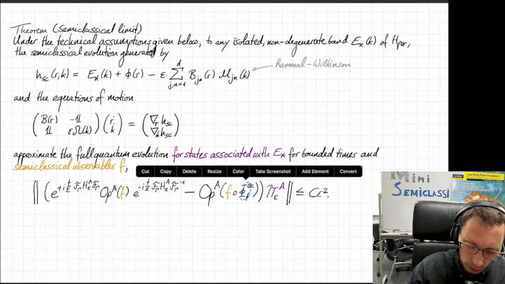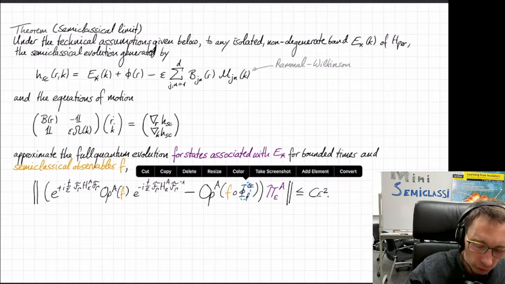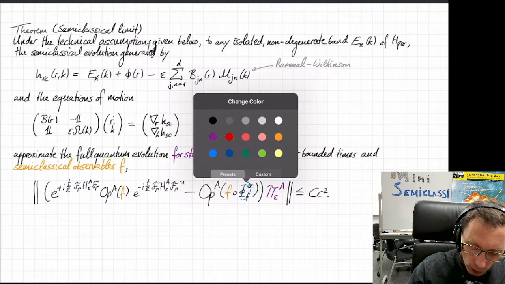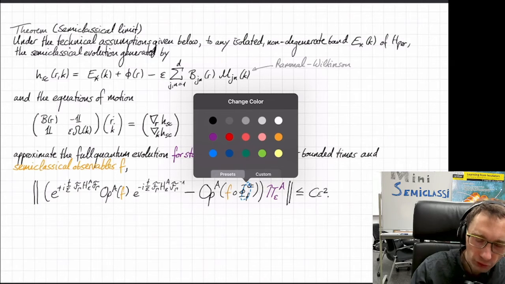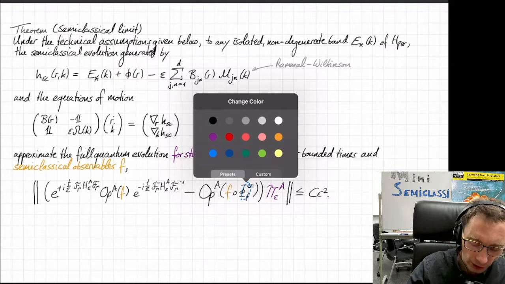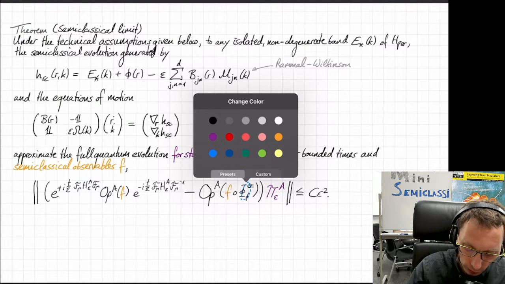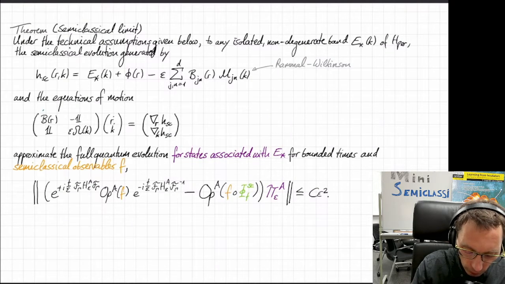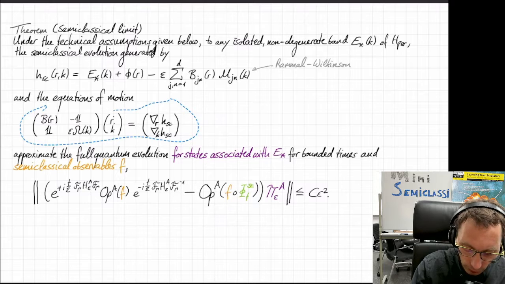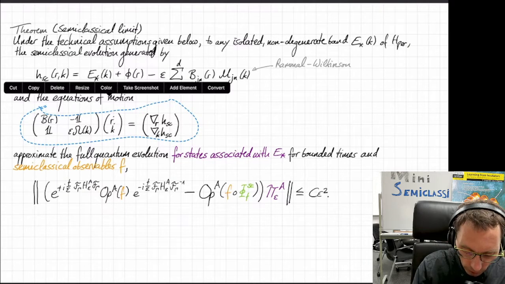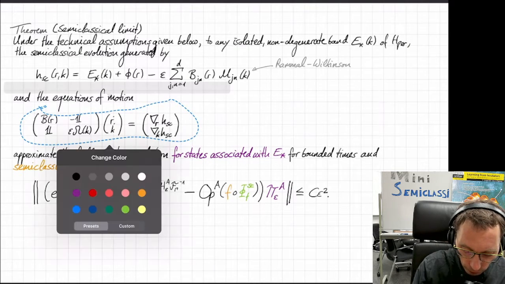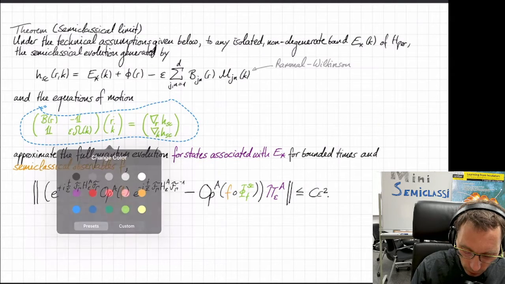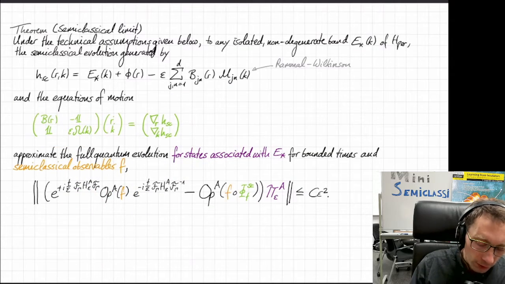Of course, if you look at the structure of the proof, you could probably push further, but then you would just incur additional technical debt that you would have to solve. So let me also color the semi-classical evolution. That is generated by, of course, the semi-classical equation. So this is the theorem that we would like to prove in the end.